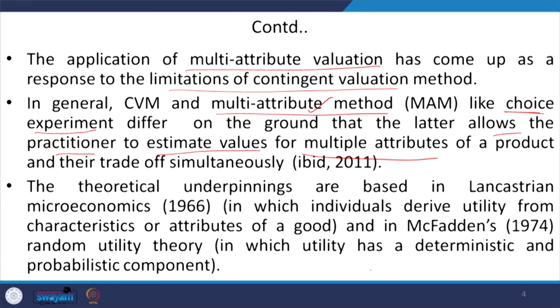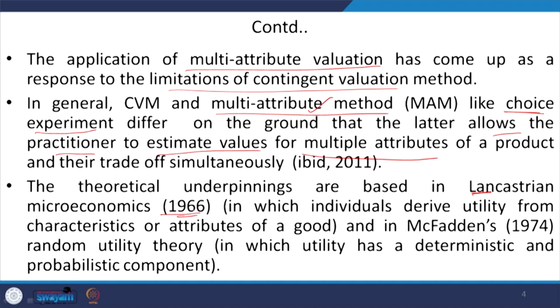And again, if the theoretical underpinnings are concerned, this multiple attribute valuation method is based on Lancaster's theory, which is known as Lancasterian microeconomics. He propounded this new theory of demand in 1966.